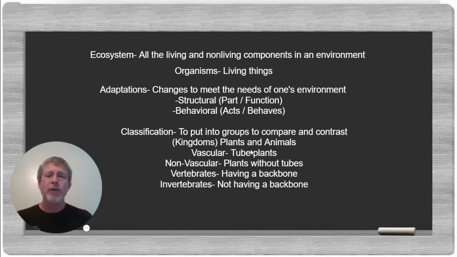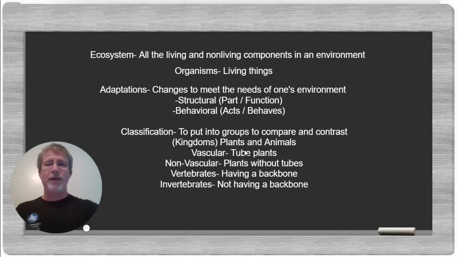I'm going to review the two main ones, which are the plant kingdom and the animal kingdom. So, why do we classify? We classify to put things in groups to see how they're alike and see how they're different. So when something new comes along, we know which group to put it in. And if it's a completely new discovery, what are they going to do? They're going to create a whole other group.